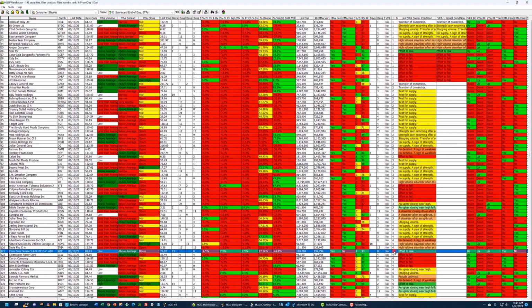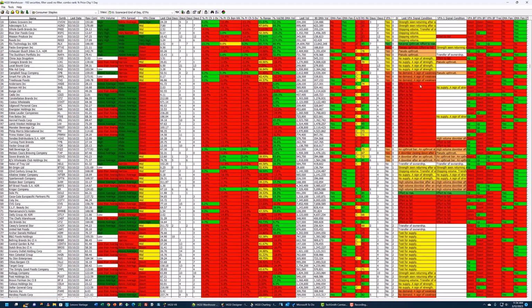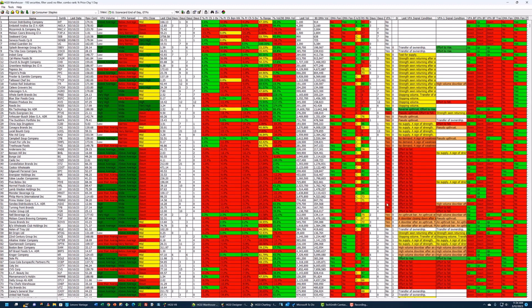There's one, but see that signal is 5 days ago. 0 is today. Effort to rise was 5 days ago. So you want to stick with the zeros if you're looking for strength in this market in the strongest sector.